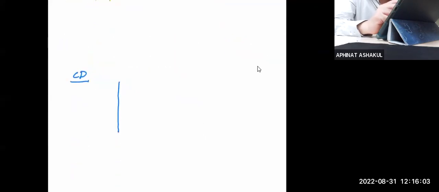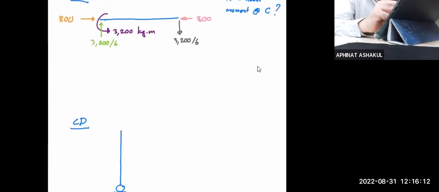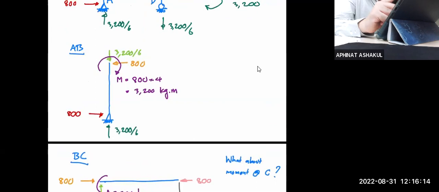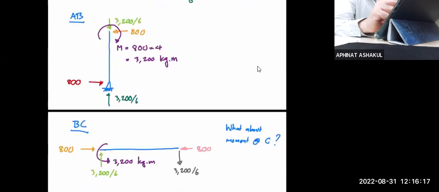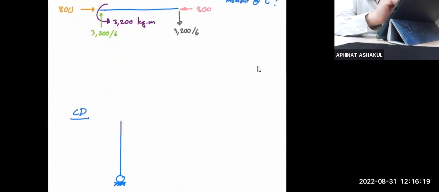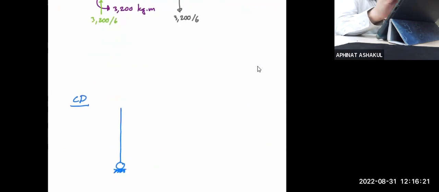It's not easy to draw a straight or vertical line if you don't use the program. So we have 3200 over 6 as a reaction. Just that.